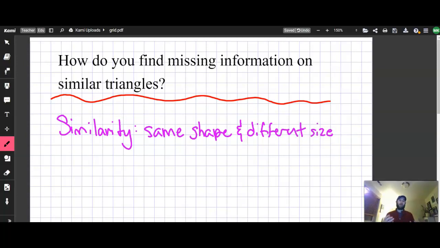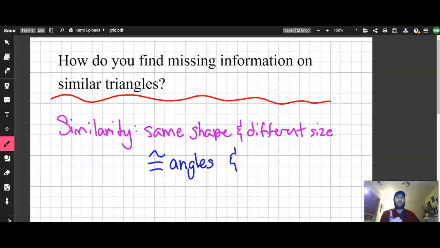Now, what does that mean with some more academically rigorous vocabulary? What that actually means is that if it's the same shape, then the angles that make that shape are congruent. And so, the same shape means congruent angles. Almost forgot the rest of my A there. And a different size means that the sides are proportional.